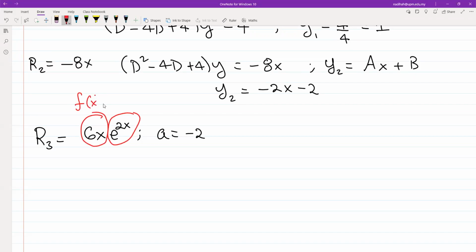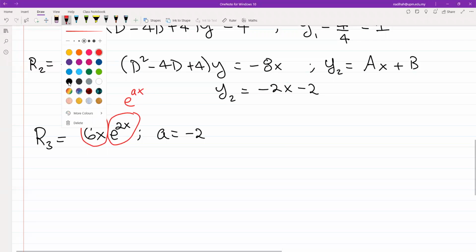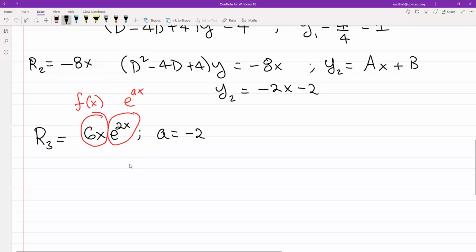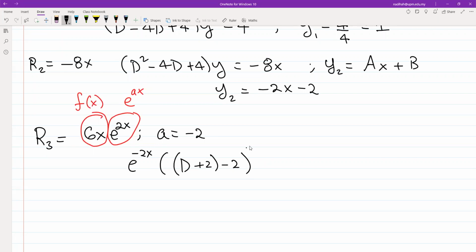This is f(x), and this is the e to the ax. So put it into the exponential shift. You have e to the 2x, D plus 2, minus 2, squared y is equal to 6x.